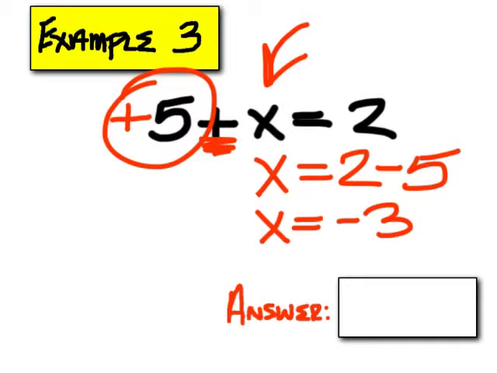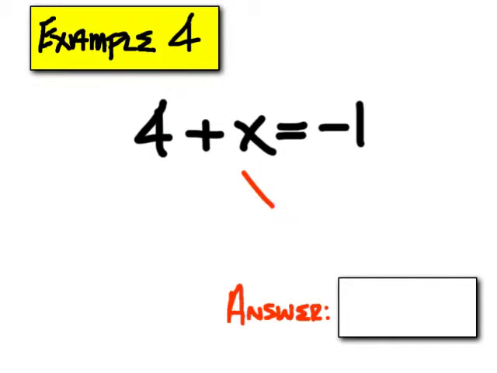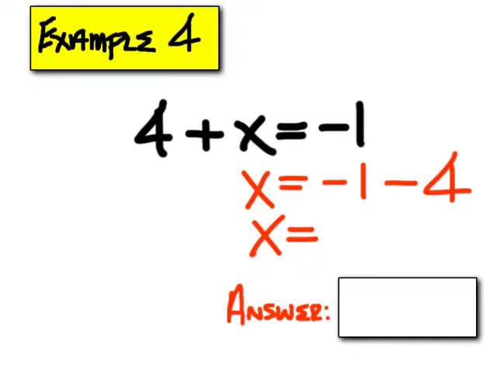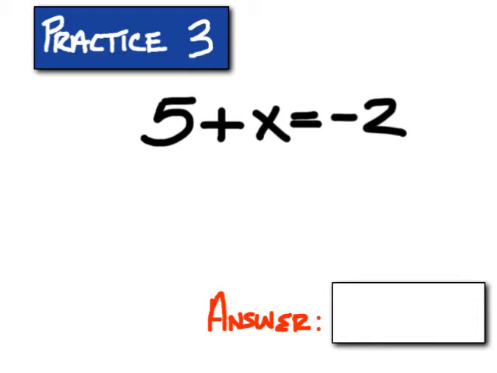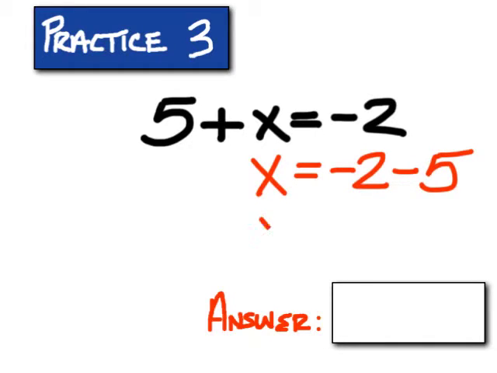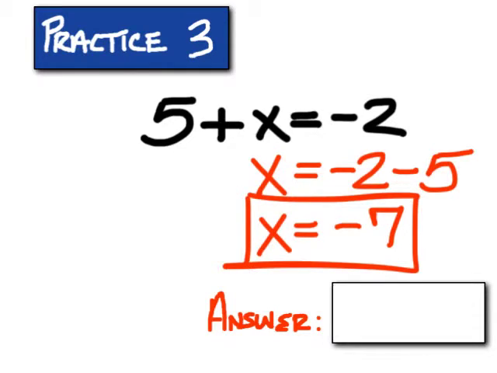That gives us negative 3 for an answer. And then we'll have negative 1 minus 4, which is a negative 5. Negative 2 minus 5 gives you an answer of negative 7.